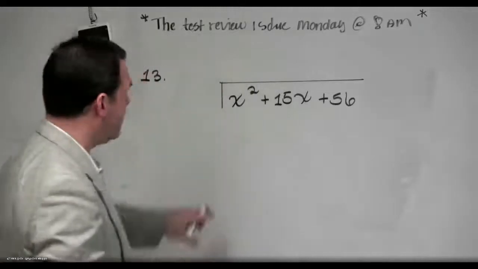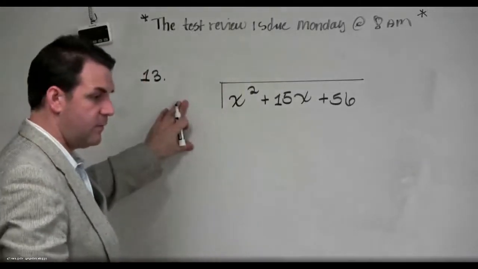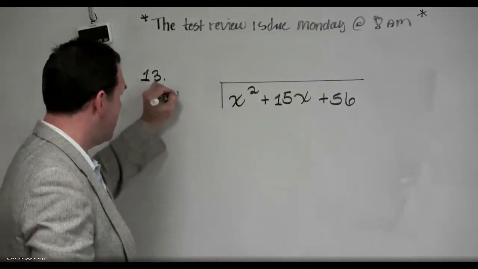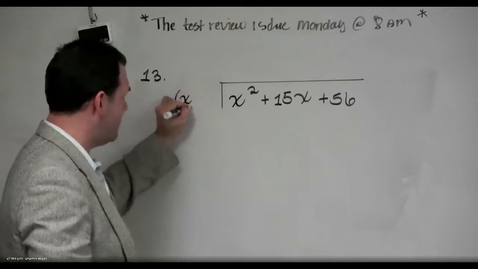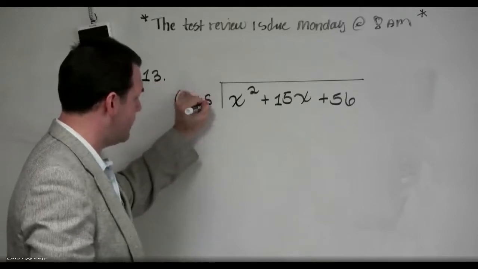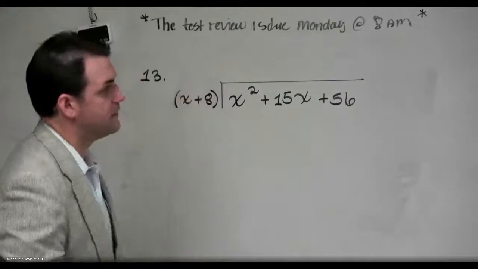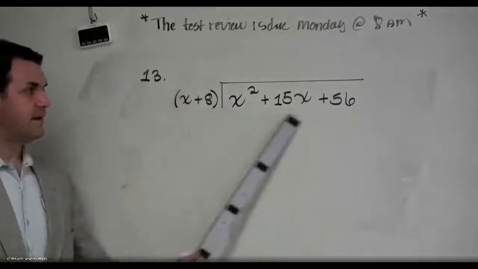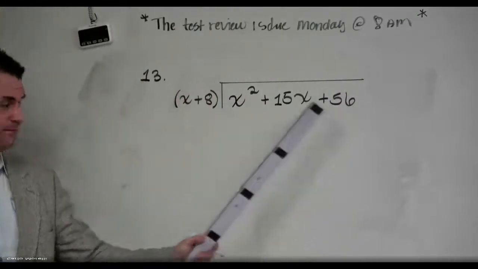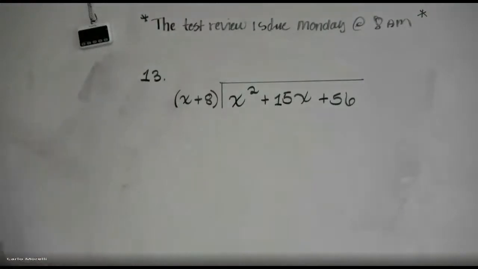And then out here to the left, where you would normally put the divisor, you're going to put open parentheses, x plus 8, close parentheses. Okay, so you're dividing this trinomial by this binomial. Luckily, this is way easier than it looks.